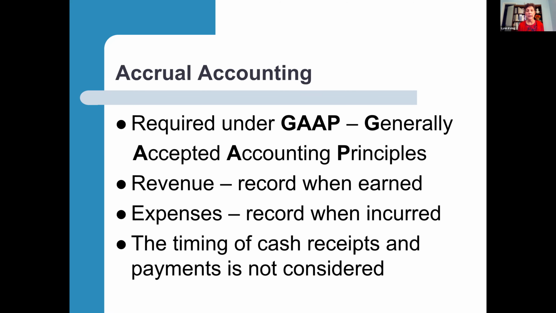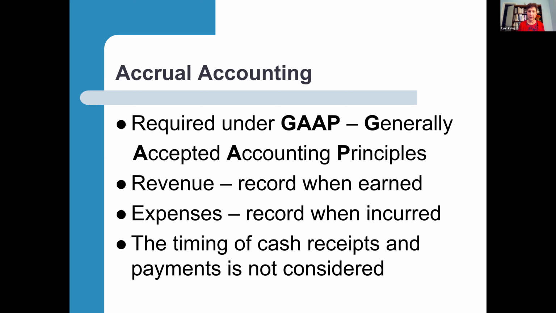Let's say that your employees have worked for 2 weeks, they get paid every other week, and payday is on a Monday, but the end of the period is on Friday. Well, you don't wait until Monday to record the salary expense. You have to accrue it as of the end of the accounting period. You owe those workers their wages at that time. That's an expense of your business. You have already incurred that expense. The recognition of expense does not go with when you make the payment.